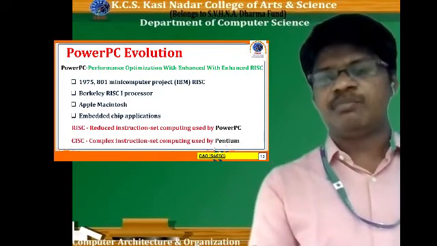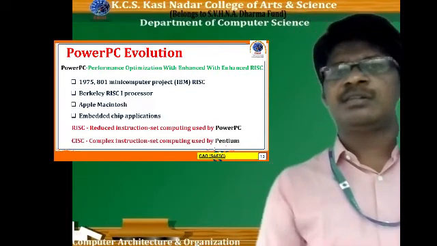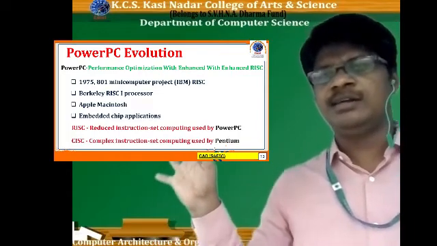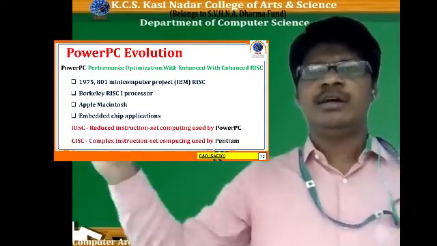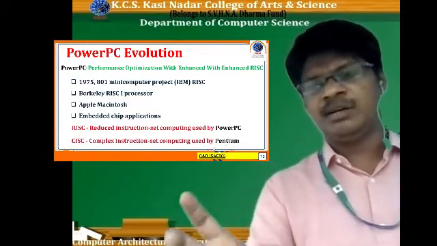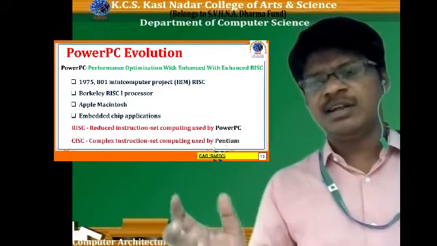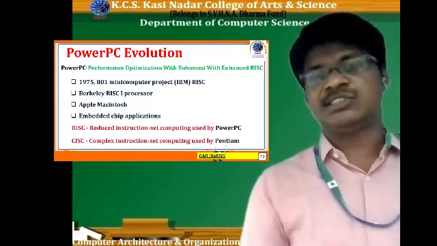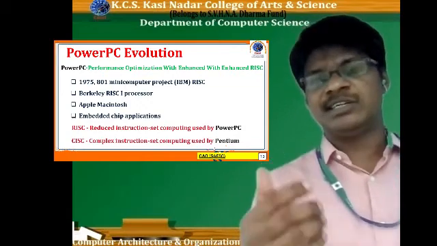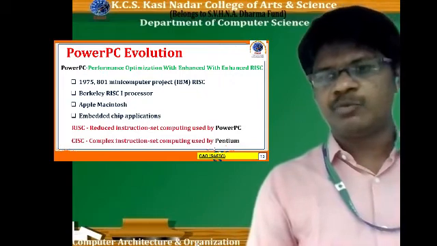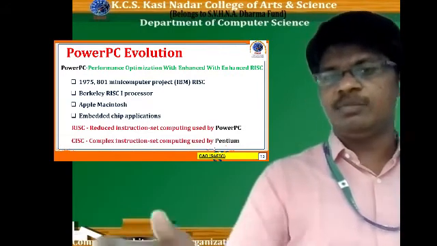CISC has a wide range of options available, a wide range of instructions and operations. Whereas RISC, the PowerPC, is simpler in structure and doesn't have a large instruction set available. That is why the Pentium processor is more popular than the PowerPC.